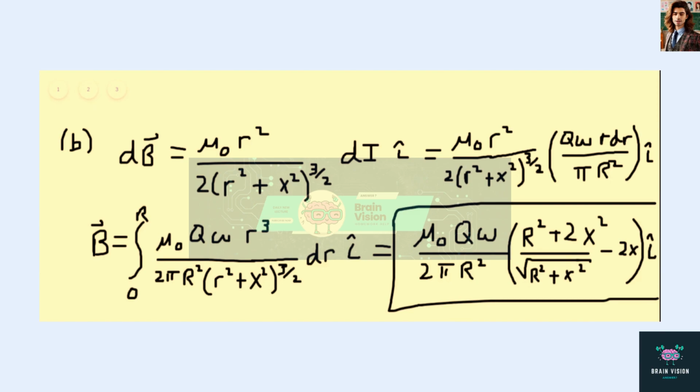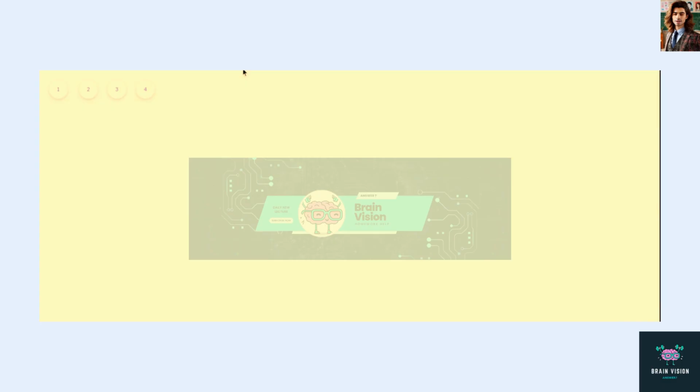Okay. And then there's one more part here. Part C, it says, does equation 28.7b apply if x is much greater than big R?